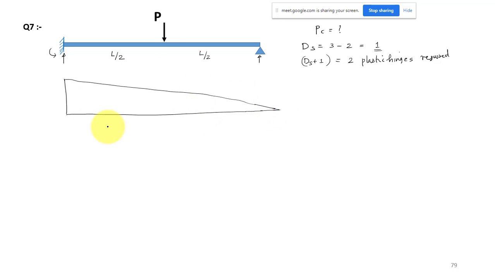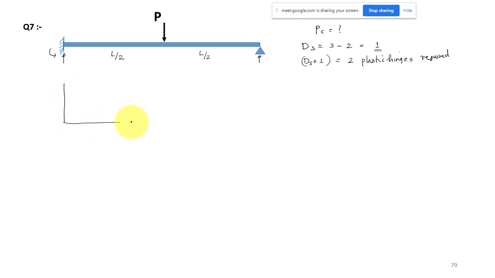This will be your fixed end moment: at the simple support the moment is 0, and at the fixed end we will have the maximum. We have discussed this in the fixed beam analysis, how to draw the moment diagram by parts. This is your fixed end moment diagram, and for this point load the moment diagram is something like this. At the midspan we'll have some value.